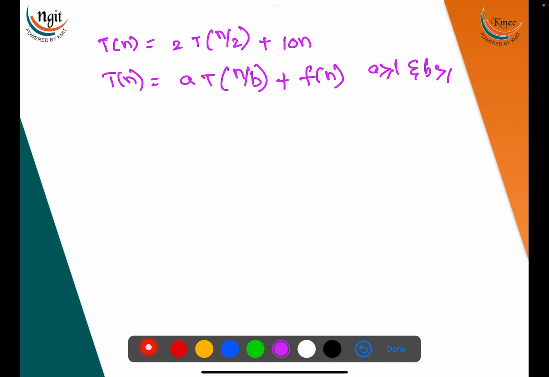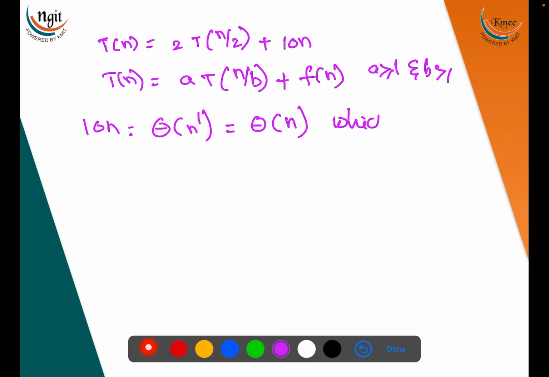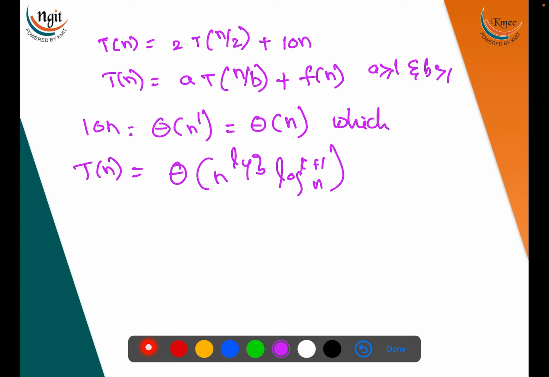Put all the values in f(n) equal to theta of n^(log_b a) log^k n. Now we get 10n equal to theta of n^1, that is theta of n, which is true. Therefore T(n) is equal to theta of n^(log_b a) log^(k+1) n. So finally theta of n log n. So this is case 2.